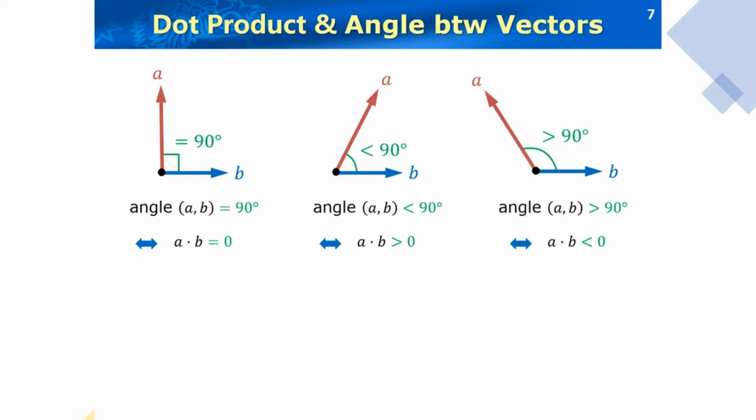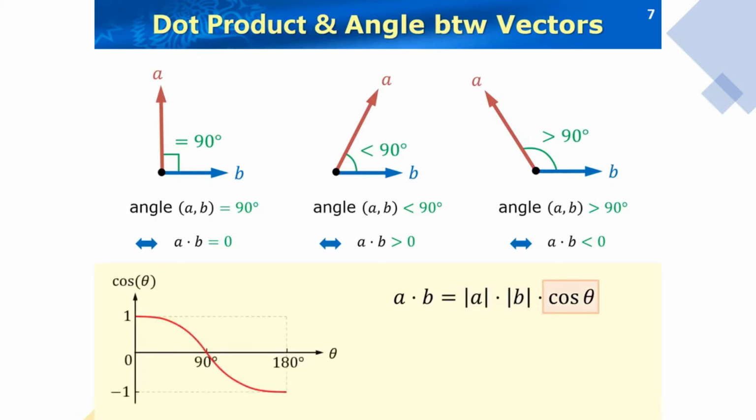The correctness of the above results can be derived from the dot product definition, where a dot b is defined as the magnitude of a times the magnitude of b times cos theta. Here theta is the angle between a and b. Since a and b are two non-zero vectors, their magnitudes are always positive. Therefore, a dot b is positive, 0 or negative, depending on the cosine theta value.